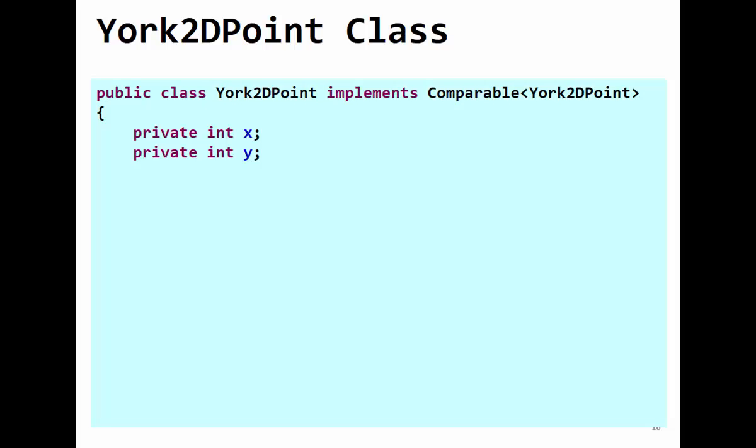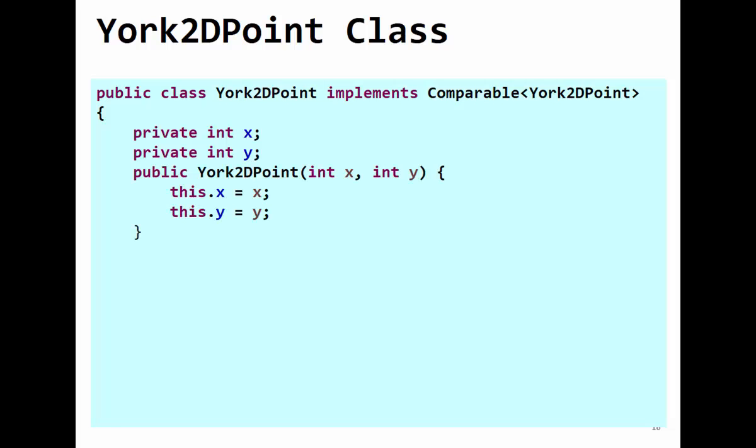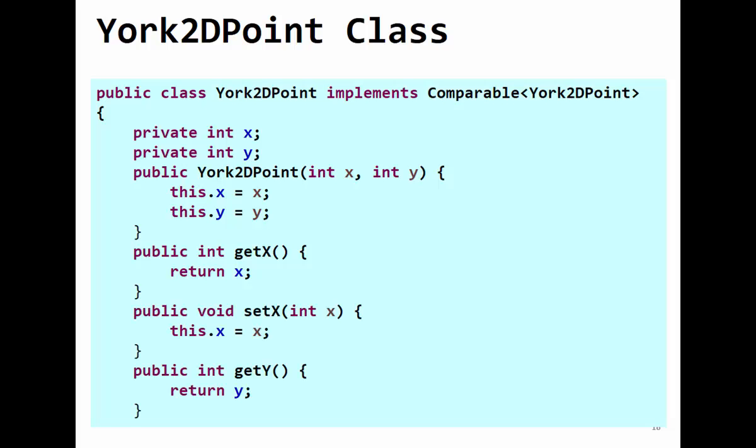My class contains private integers x and y. I have a constructor for x and y, getX, setX, getY. So notice here, as we mentioned, implements Comparable, the name of the interface, and we give the T as a generic with the type that is York 2D point.